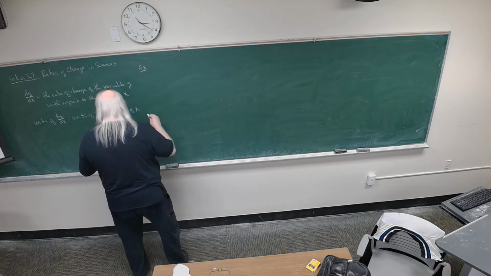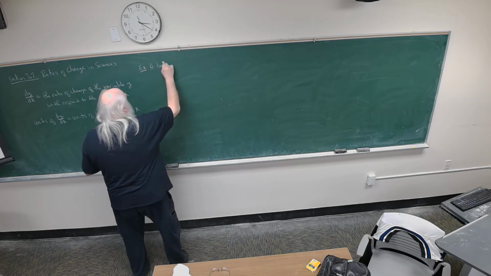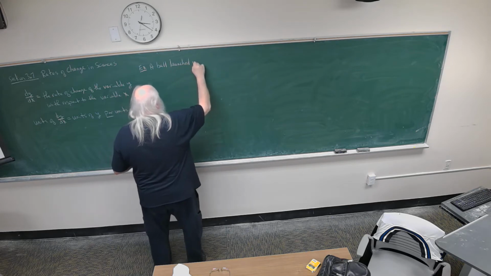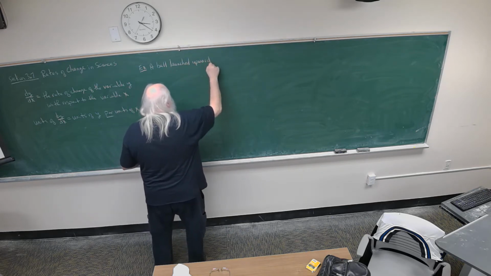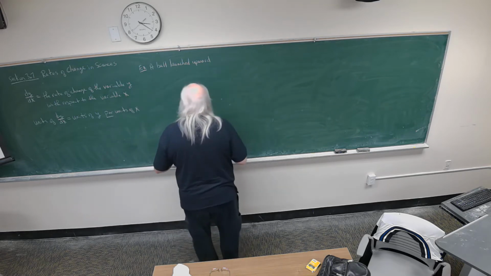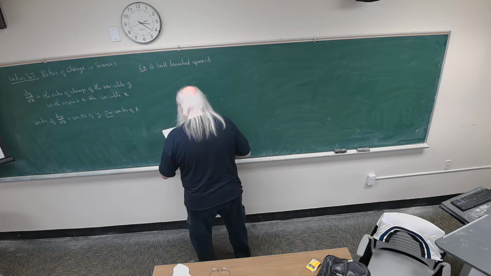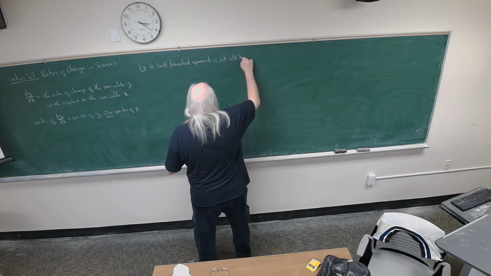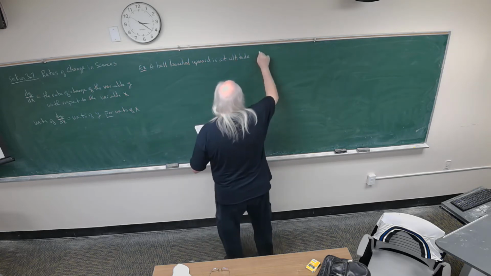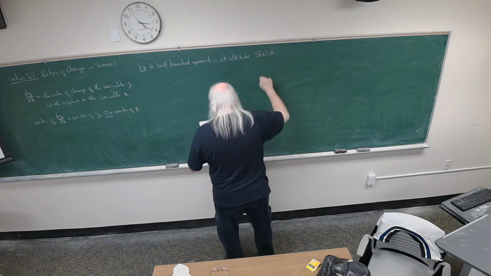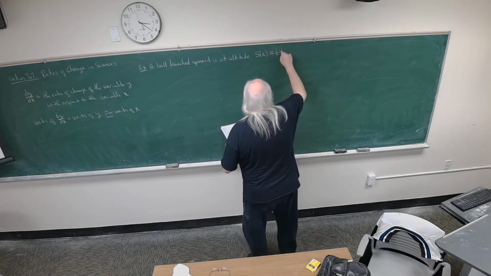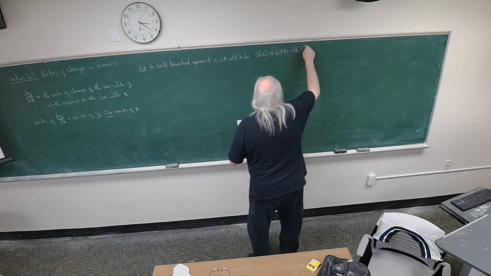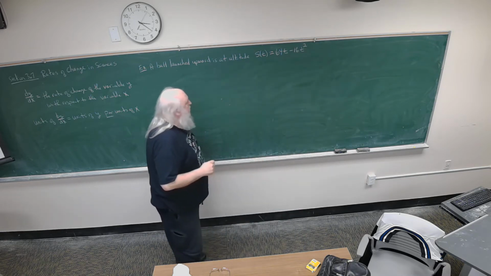So in the first example, a ball launched upward, and we've done this type of example already this semester. A ball launched upward is at altitude s of t equal to 64t minus 16t squared. So that's the function that gives you the altitude, the height of the ball.